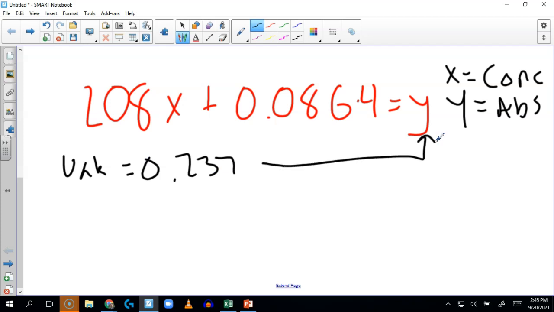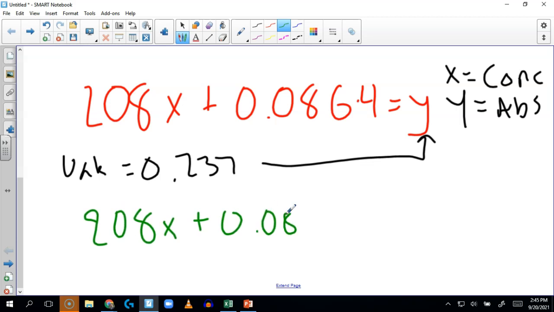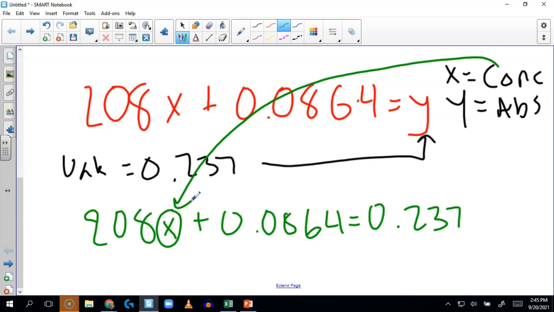So we plug this in, we get 208x plus 0.0864 equals 0.237. Now you can solve for x, and keep in mind x is your concentration.